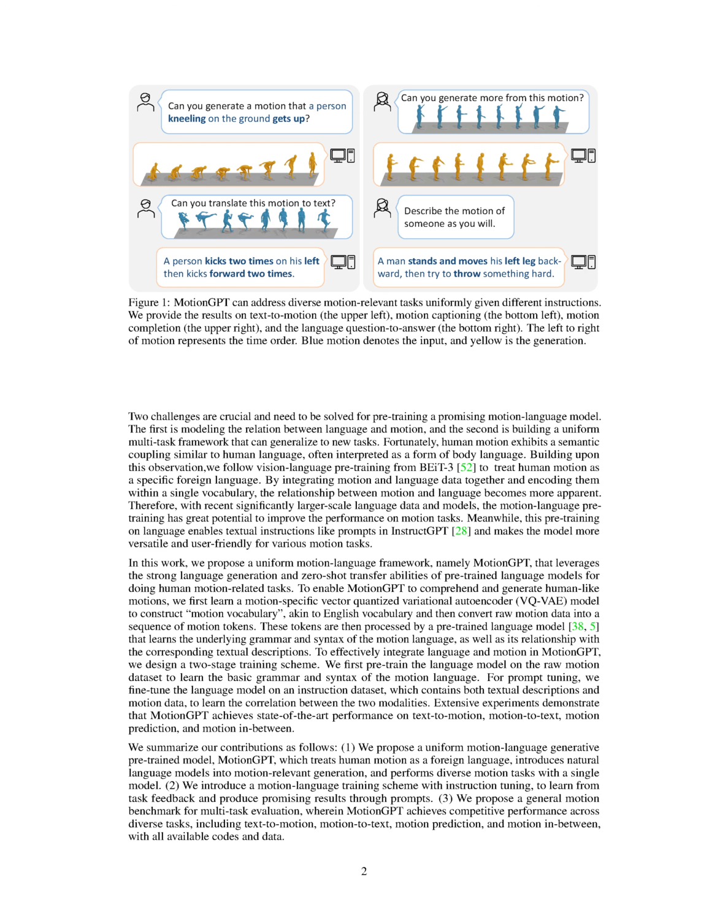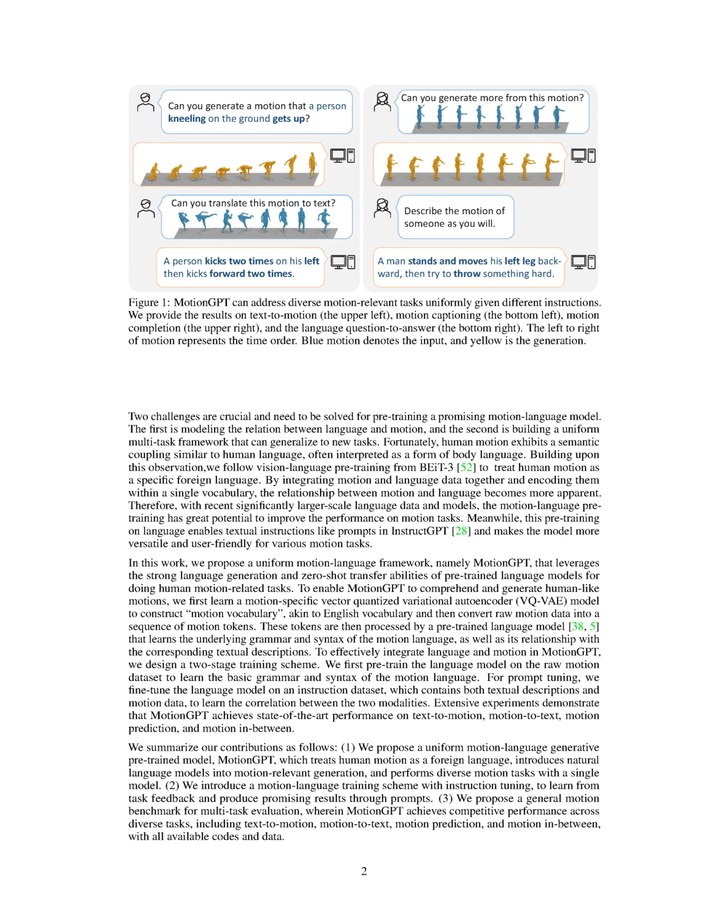We've created a general motion benchmark for multitask evaluation, where MotionGPT shows strong performance across various tasks, including text-to-motion, motion-to-text, motion prediction, and motion in between. All the codes and data related to these tasks are available.